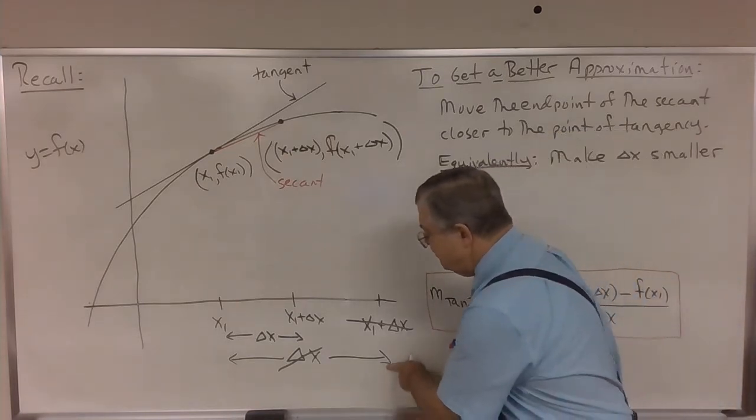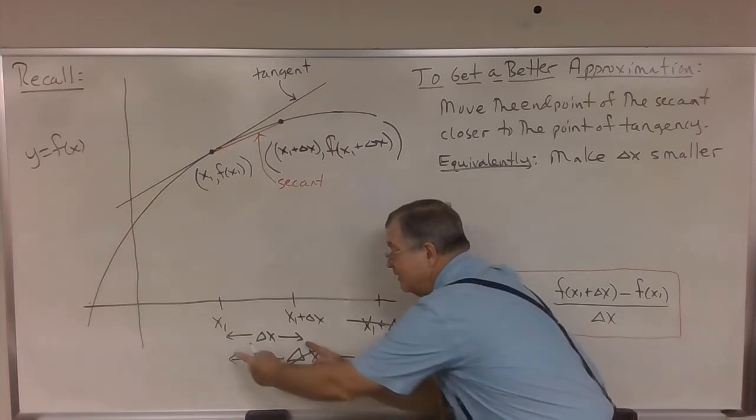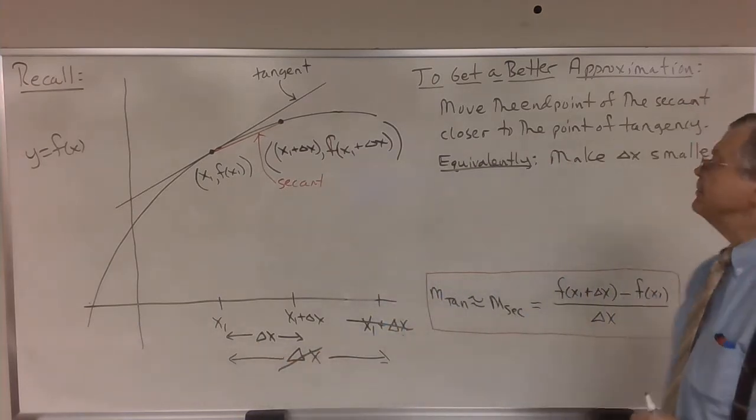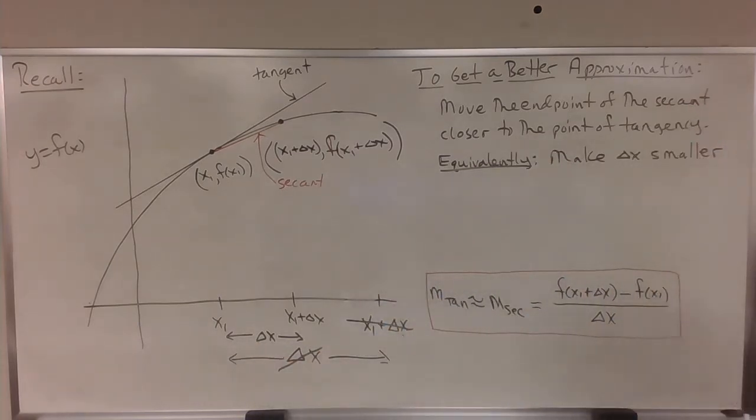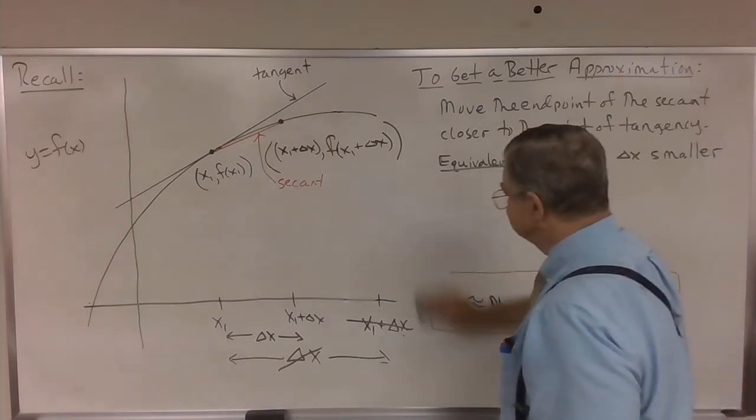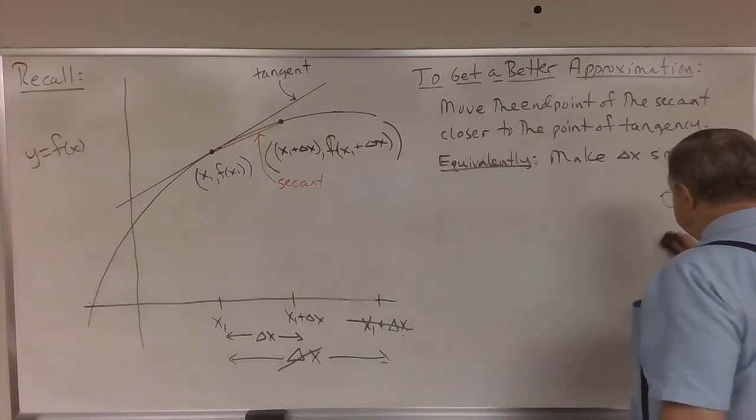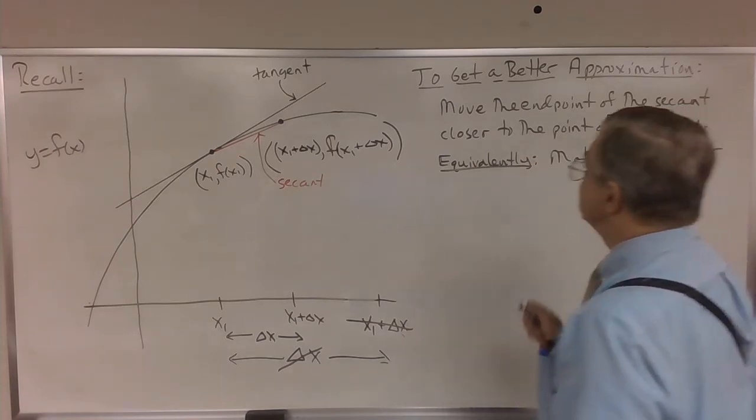Change delta x from being this big to being this big. Make it smaller. So we got a better approximation.